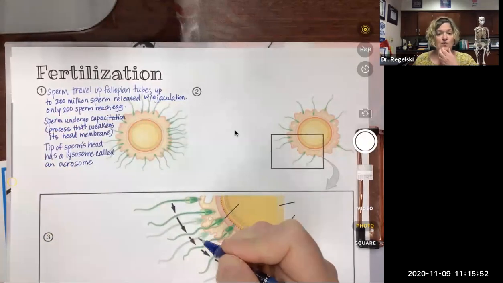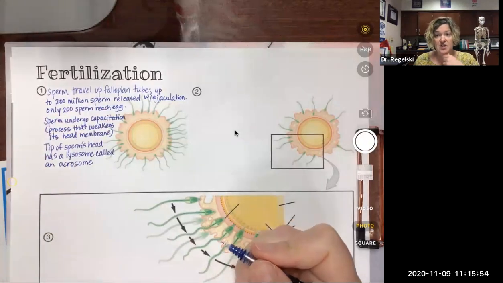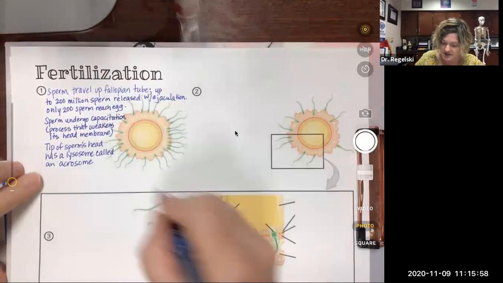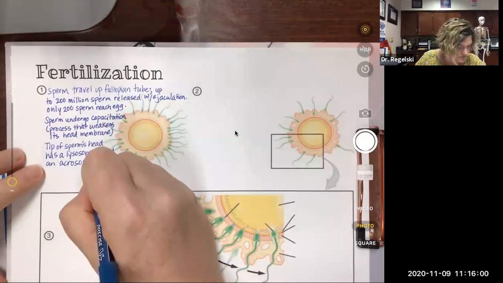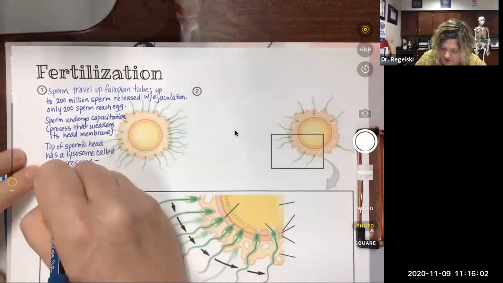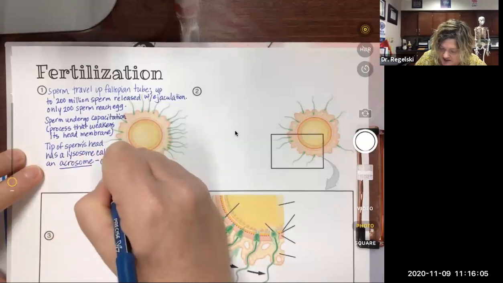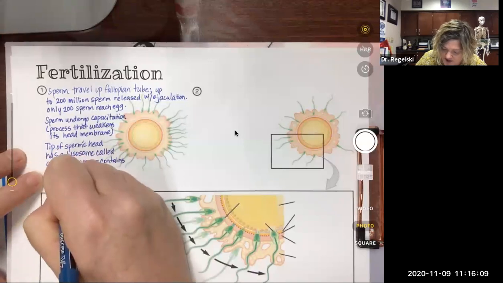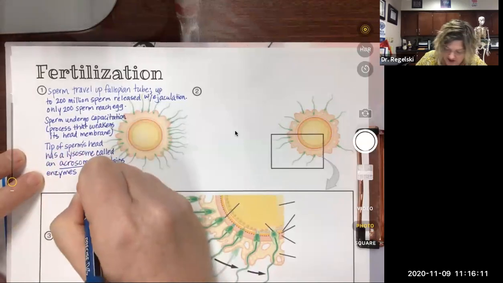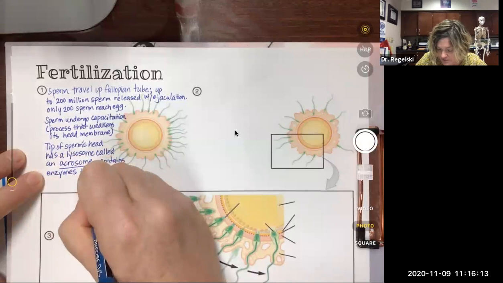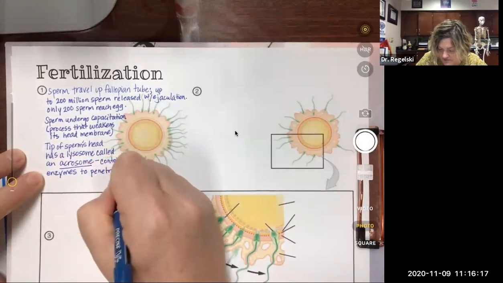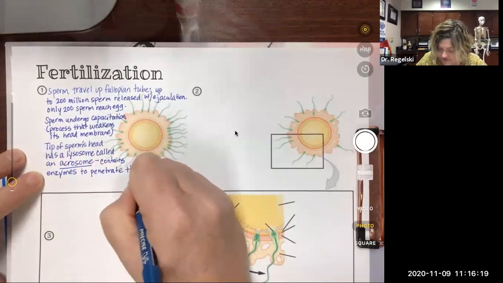This lysosome, which is an organelle, if you remember from biology, that breaks things down, or acrosome, I mean, contains enzymes, exactly what a lysosome does, to penetrate the egg.